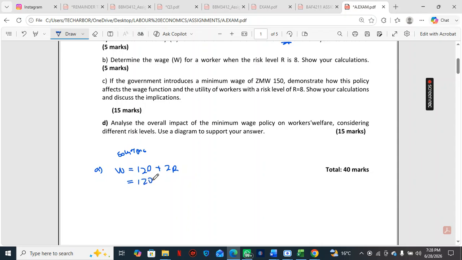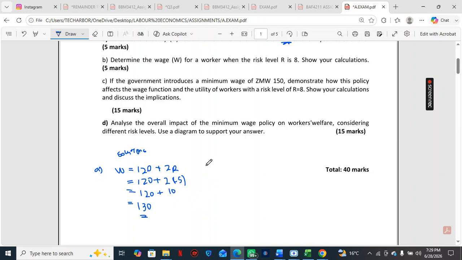So 120 plus 2 times 5. So 120 plus 5 times 2, that is 10. 120 plus 10, that is 130. So when the risk level is 5, the wage is 130 kwacha.